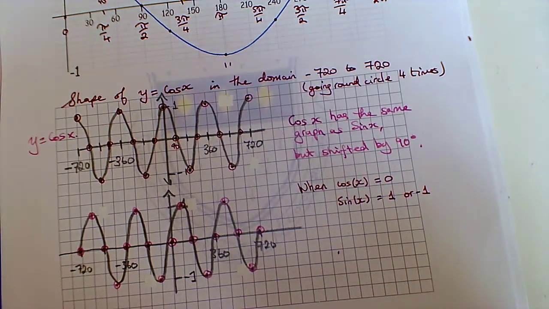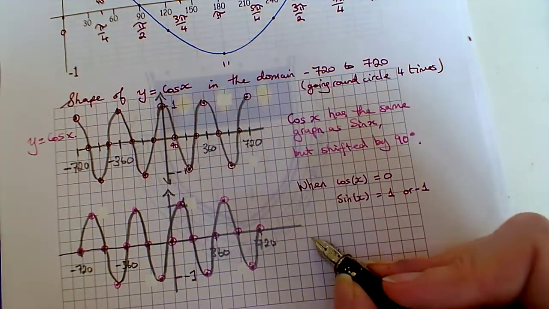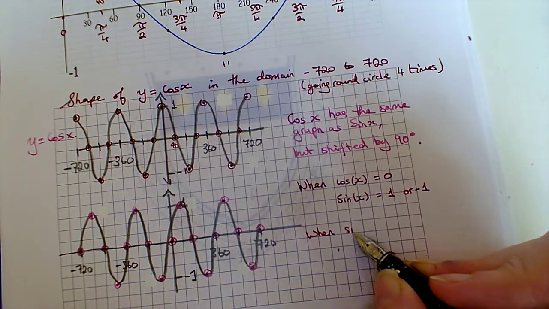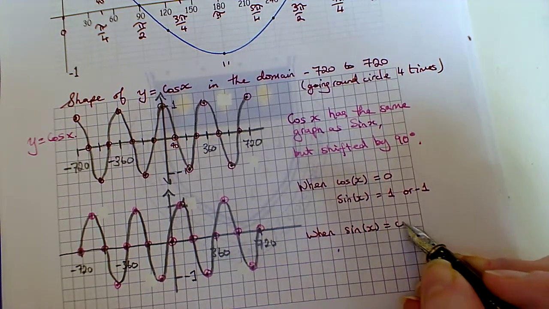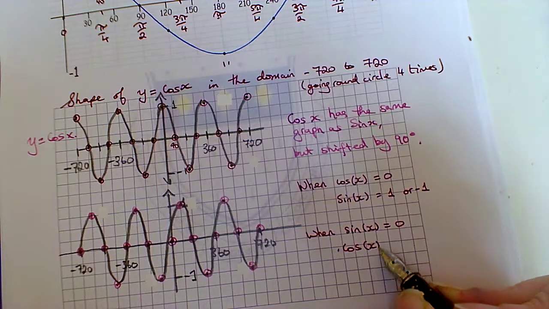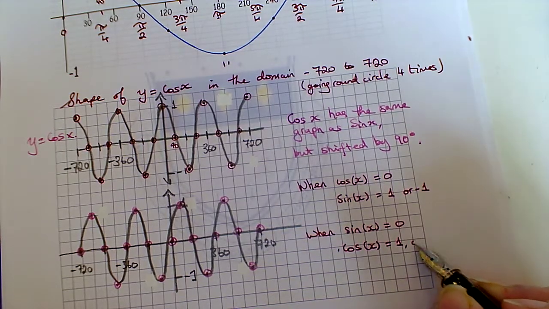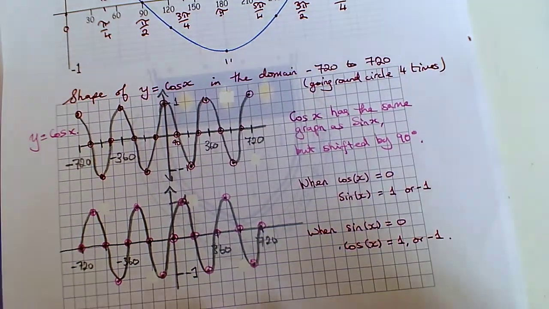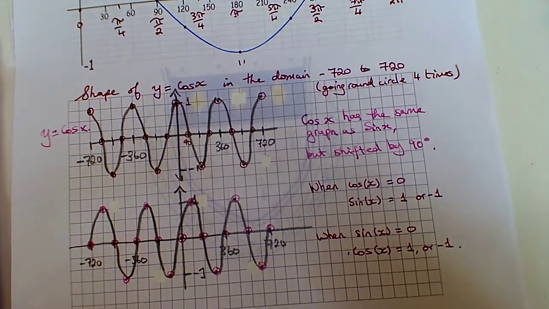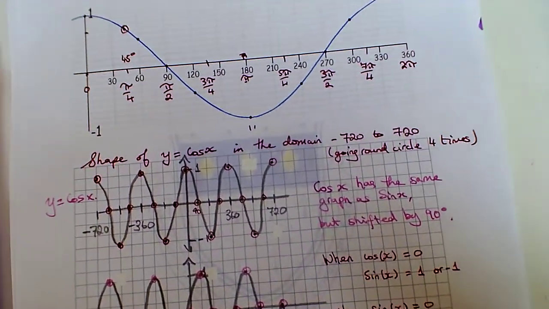The absolute value of it is 1. And when sine of x is equal to 0, cos of x is equal to 1 or minus 1. So they're identical graphs, just shifted over.